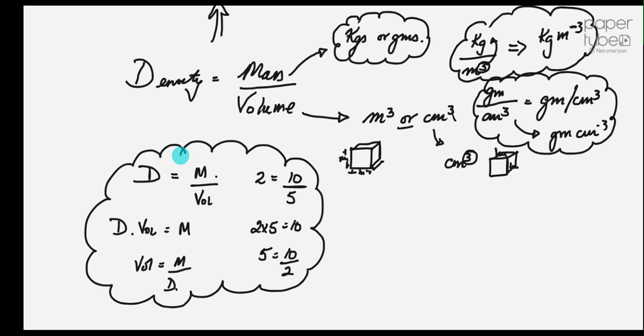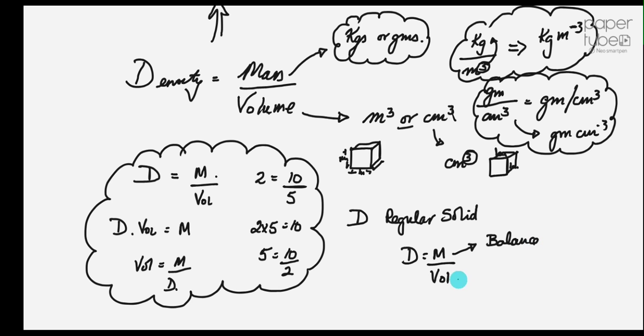Now, we're going to look at finding the density of three materials. The density of a regular solid. A regular solid is probably a cuboid or a cube. So density equals mass over volume. The mass you would find on a balance, and the volume you find by measuring the length, breadth and height. It could also be a cylinder or a cuboid.